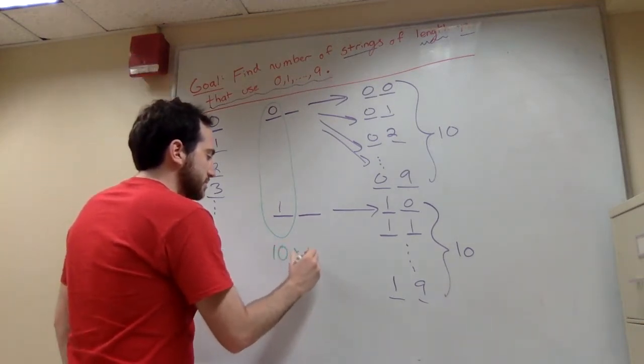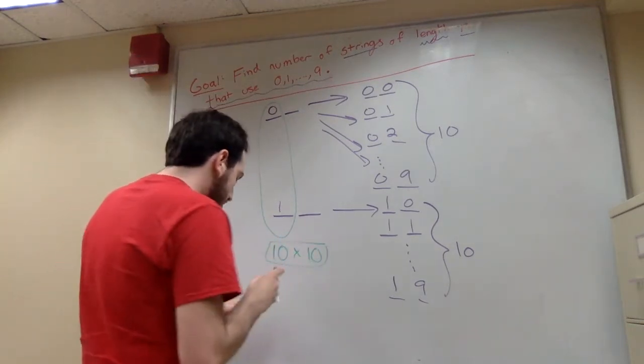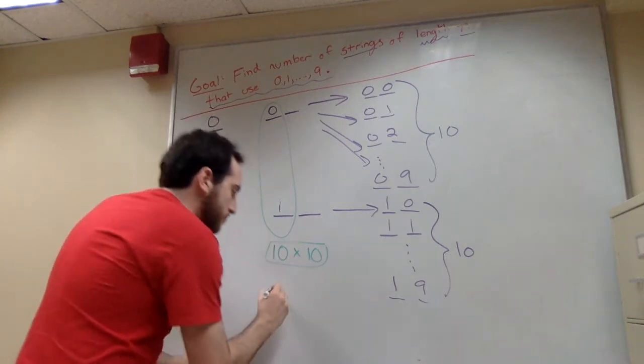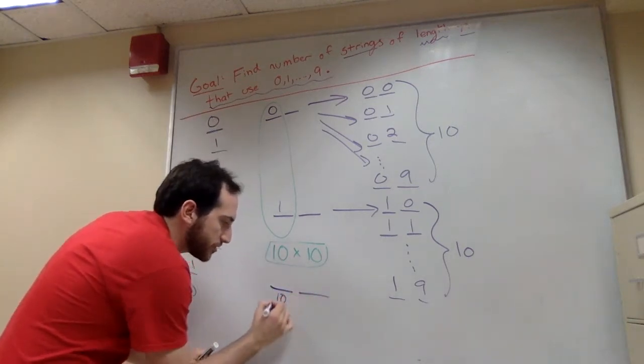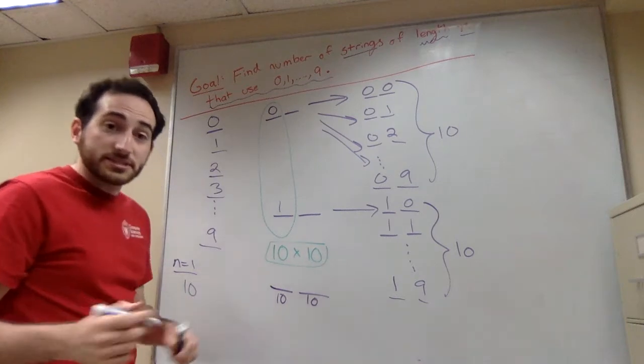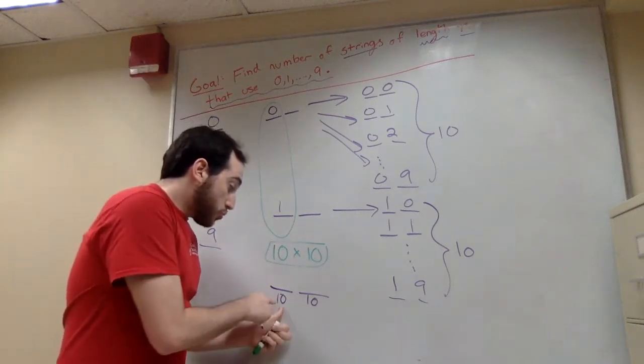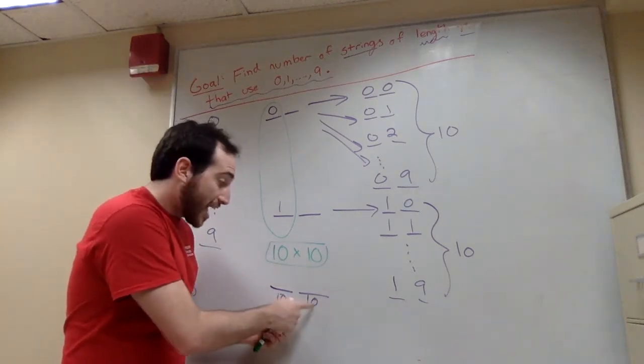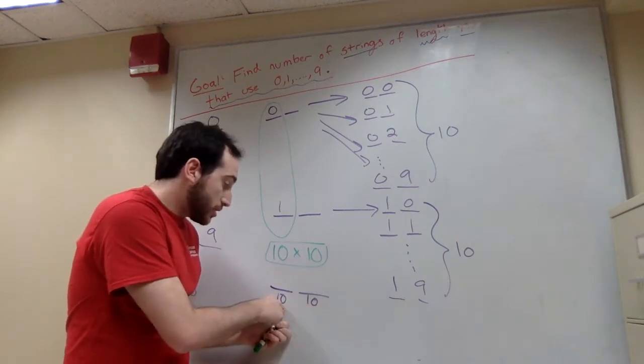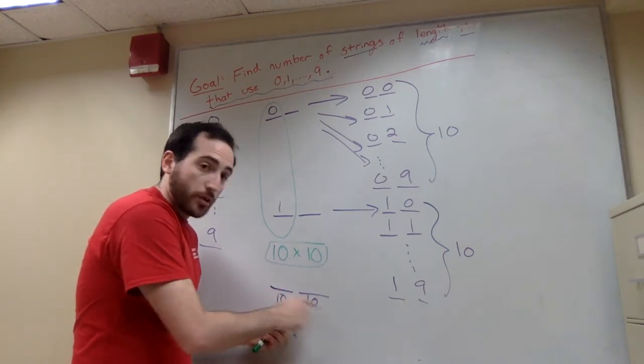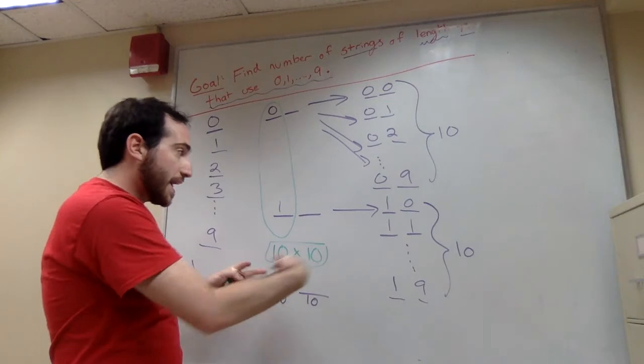Again, because there are 10 options for the first spot and 10 options for the second spot, and each one of these options could be paired with any one of these. So it could go 1, 1, 1, 2, 1, 3, 1, 4, so we multiply them together.